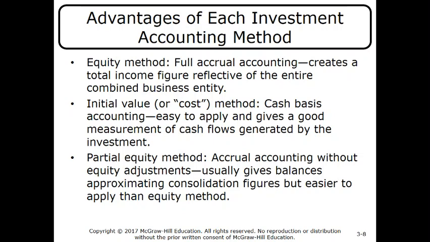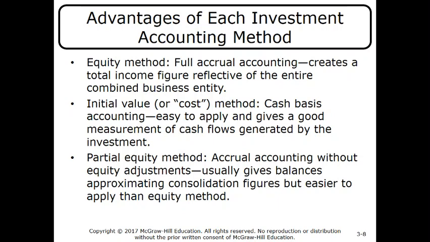So the parent doesn't list any subsequent income, their portion of subsequent income in the sub. They don't have to deal with any of this excess amortization stuff either. Just simply report dividends as income.